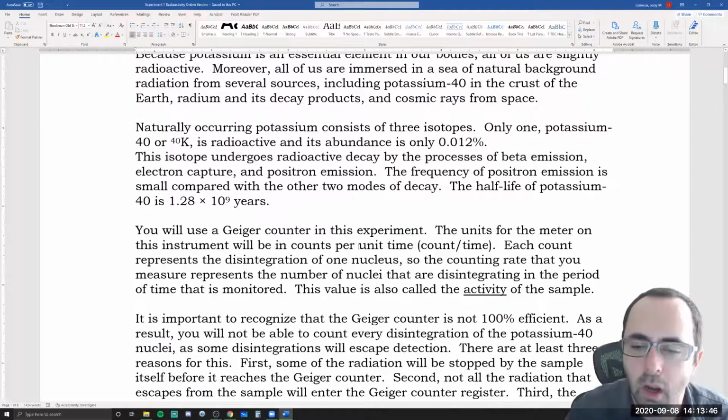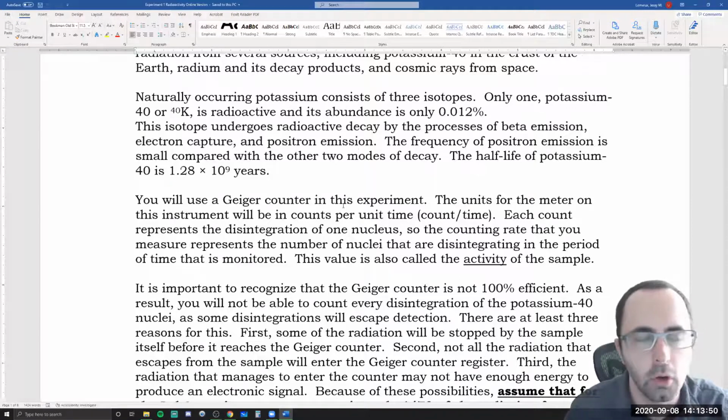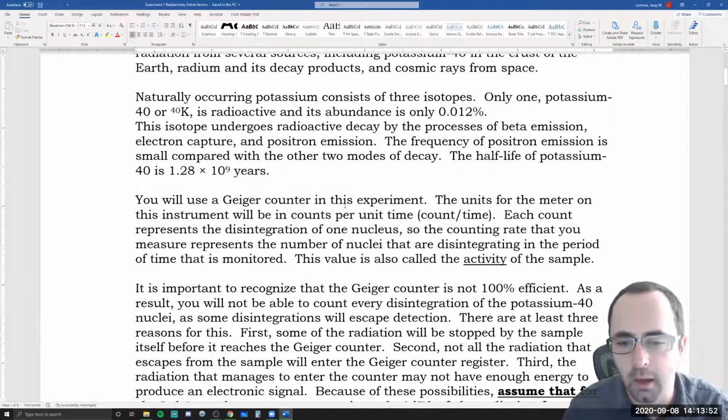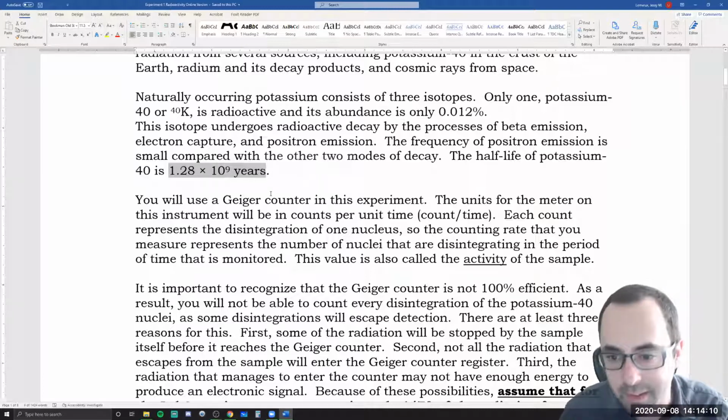What we're trying to do here is, in this experiment, if you were to come into the lab normally, you would be making a measurement of the radioactivity using a Geiger counter and the number of radioactive events that reach the Geiger counter per minute. However, potassium-40 has a half-life of 1.28 times 10 to the 9 years.